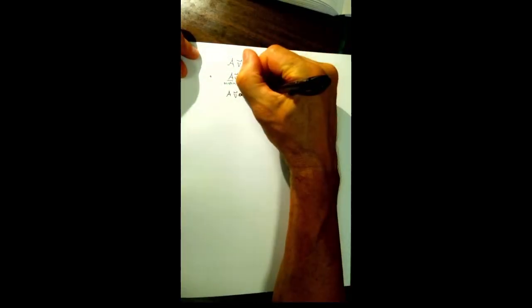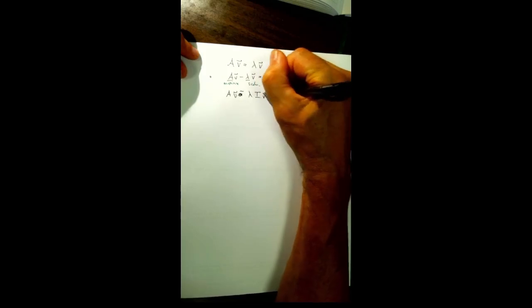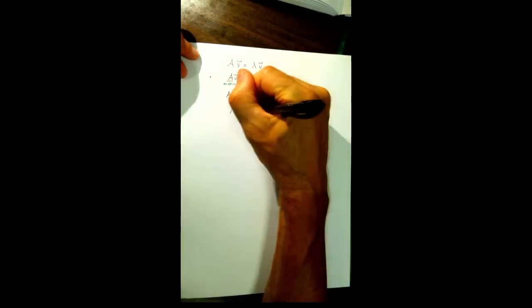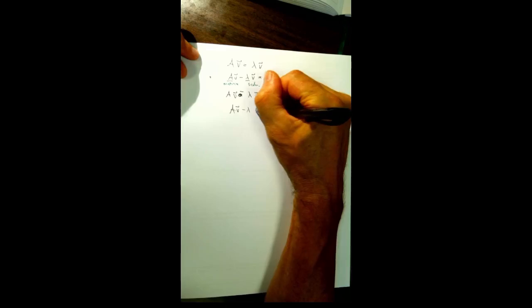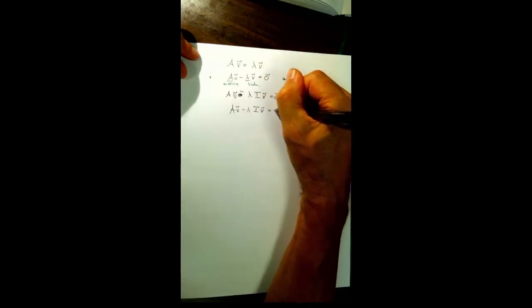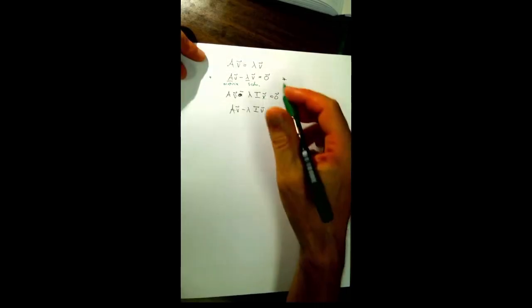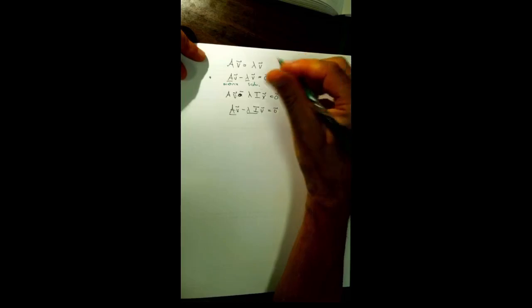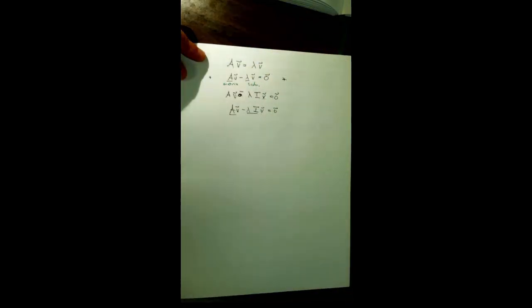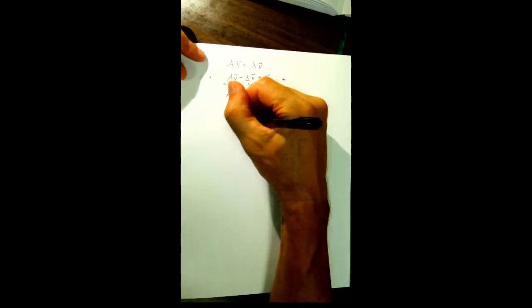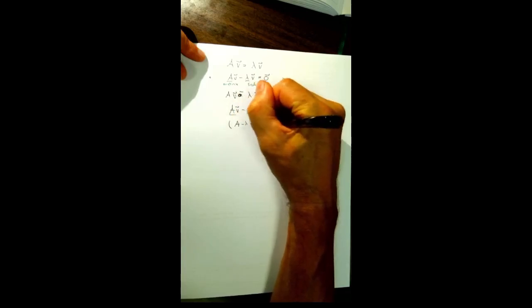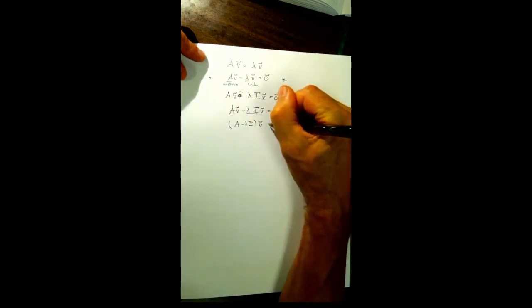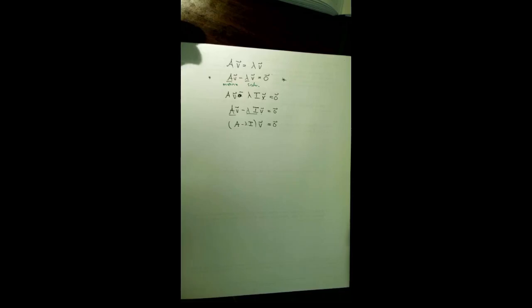So here's what I'm going to do: I'm going to rewrite V, oops, sorry, this was minus, as I times V. Let me rewrite that. And now, I times V is V, so this is the same thing, but that's a matrix, and that's a matrix, and they're both square matrices. So now I can factor out the V to get this expression.